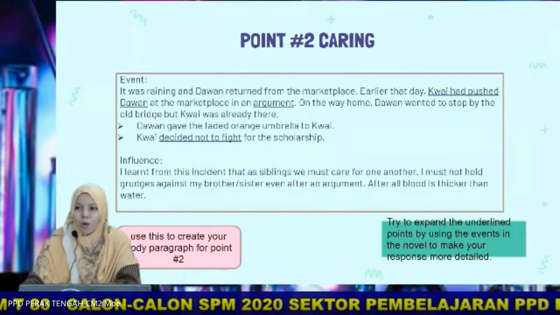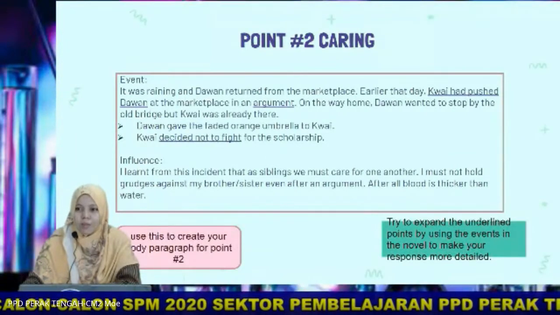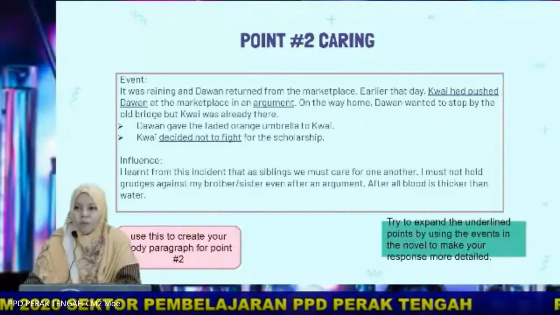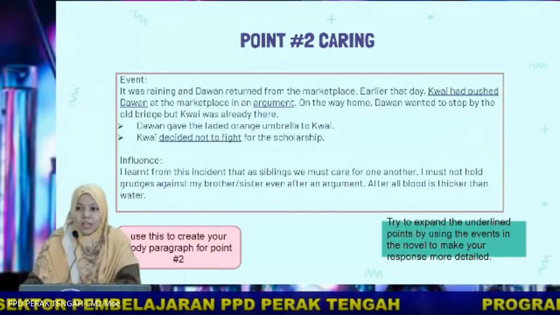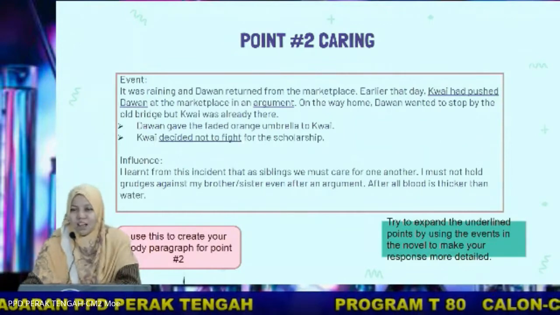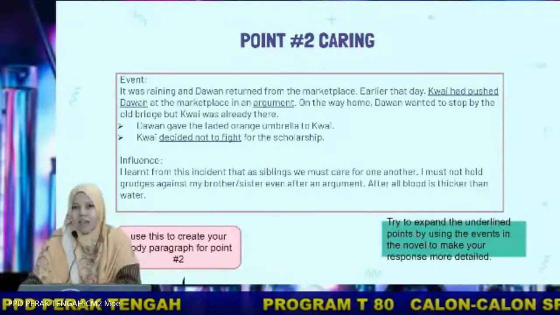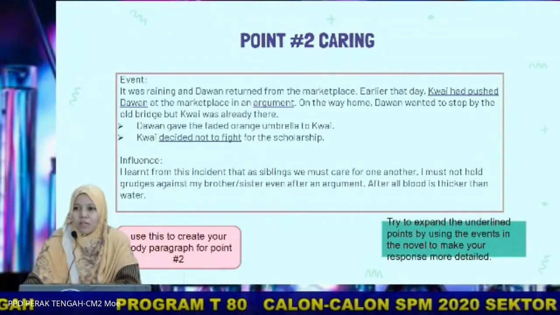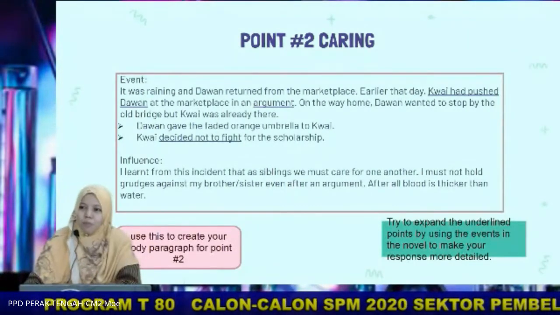Next, Mariam. Kwai pushed Dawan away when she tried to stop him from hitting Bao. Yes. Dawan landed on top of the pile of broken bird cages, injuring her ankle. Yes, it's very specific there. Aiman. Kwai pulls himself away from Dawan and pushes her.